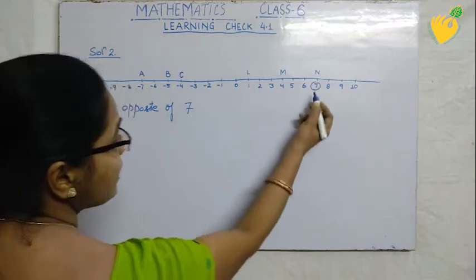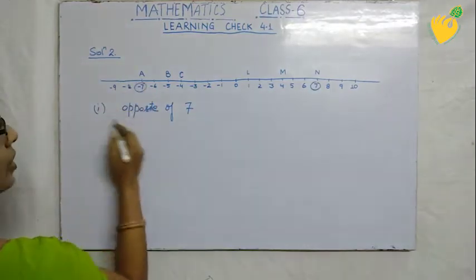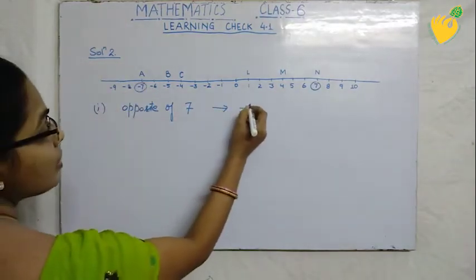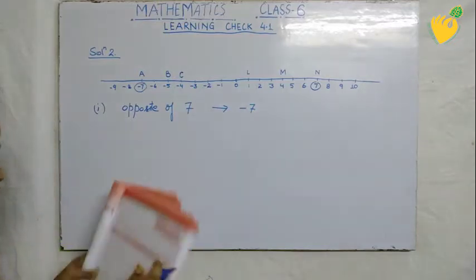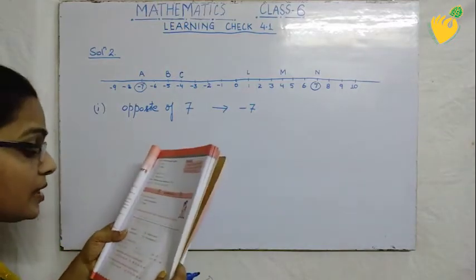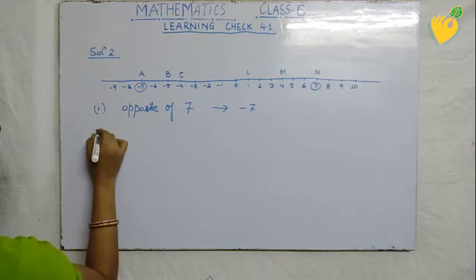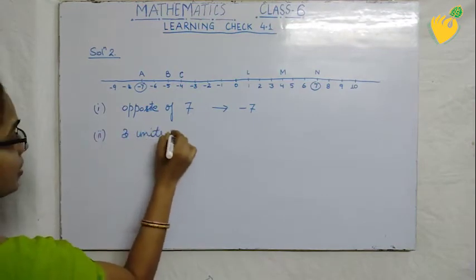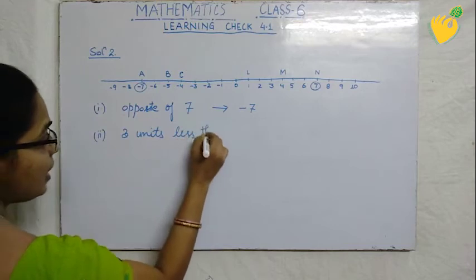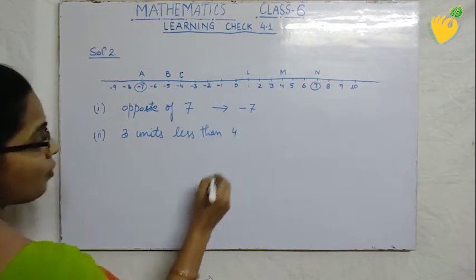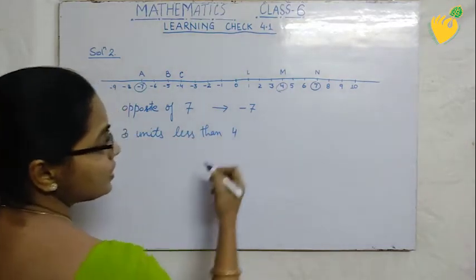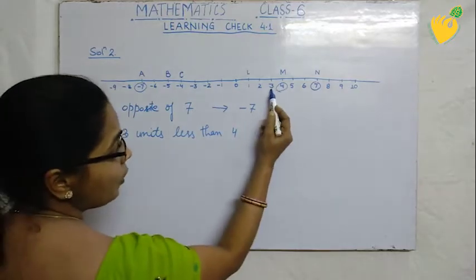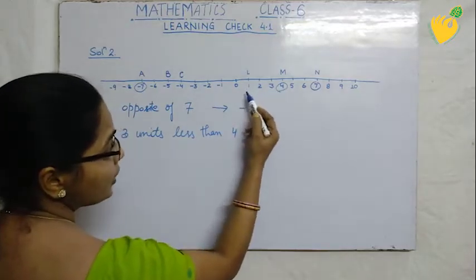Here it is 7, students, and the opposite of 7 will be minus 7. The second one is 3 units less than 4. Where the 4 is, students, is this. And 3 units less: 1, 2, 3.